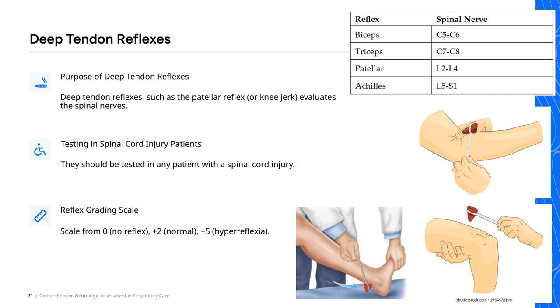This kind of testing is crucial in our overall neurologic assessment because it gives us insight into the level and severity of nerve involvement, especially in patients with spinal injuries. So, in summary, understanding and grading deep tendon reflexes helps us monitor neurological health, guide treatment decisions, and ultimately improve patient outcomes in respiratory care settings.